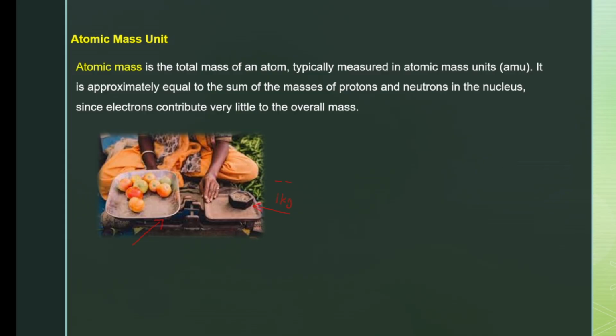When the needles become equal, we assume that the mass of these vegetables is also 1 kilogram. That is, we are comparing the weight of this vegetable with a standard unit. Once they are equal, we assume that these vegetables also weigh 1 kilogram.